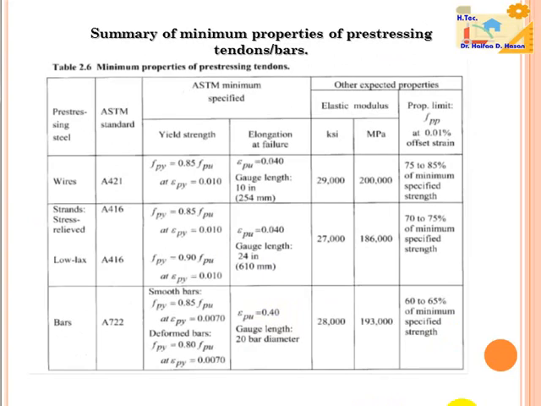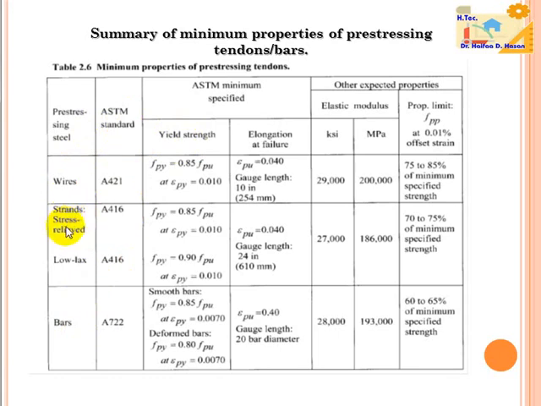Summary of minimum properties of prestressing tendons and bars. Here in this table we can see the properties of prestressing tendons. In the first column, the type of prestressing steel, and in the second column we can see the ASTM standard for each type.